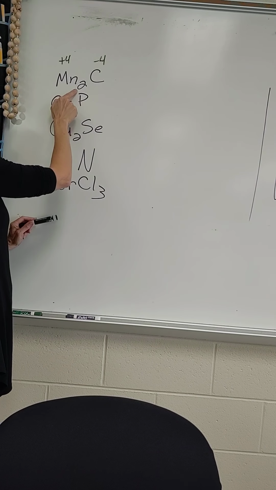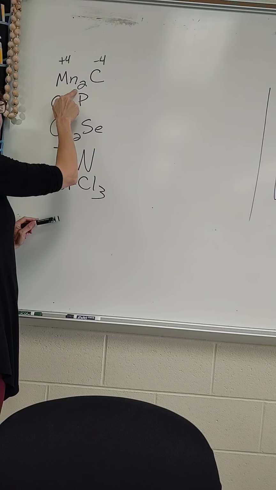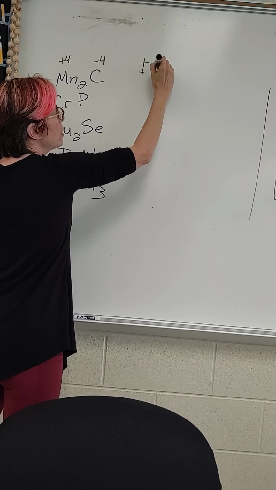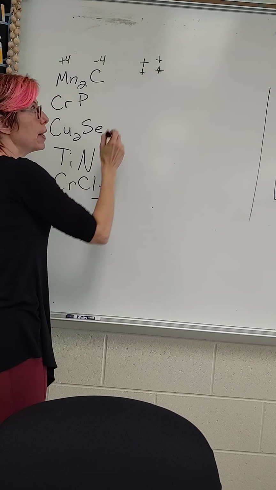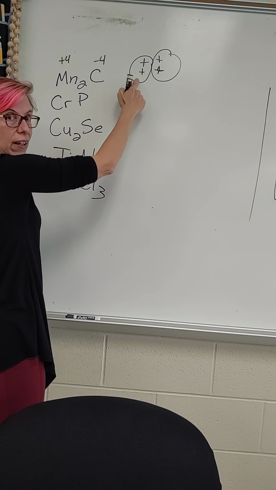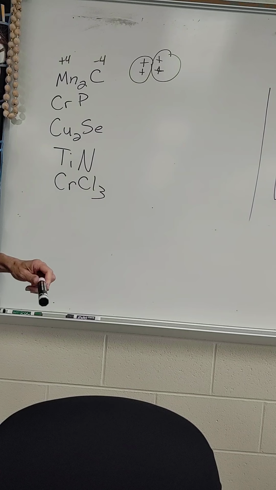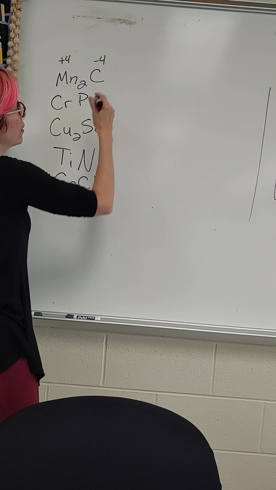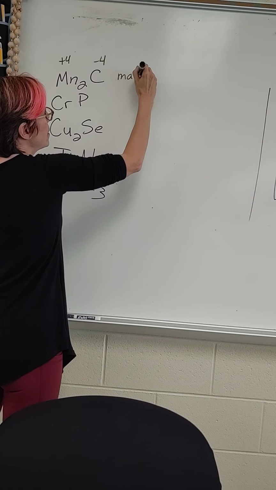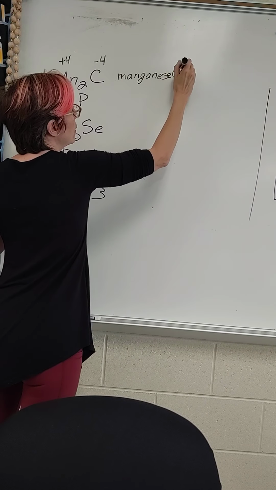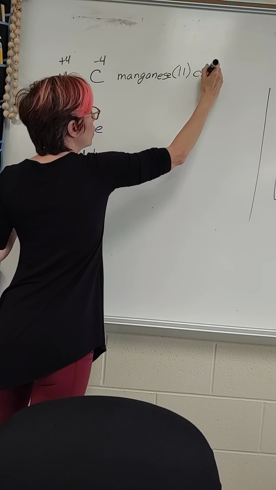So each manganese ion must be a +2. I have +4 spread out over 2 different ions. Each ion is a +2. That's the Roman numeral that we are going to write in our name. This is manganese(II) carbide.